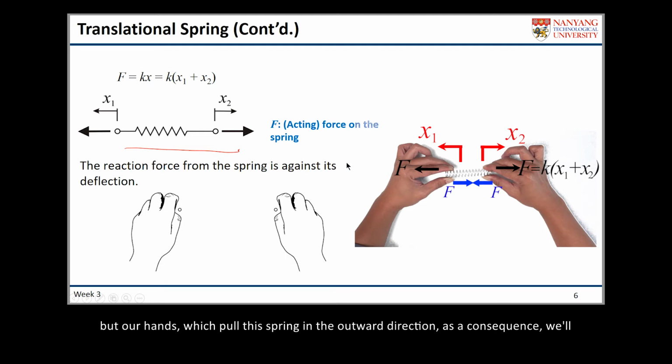But our hands, which pull this spring outward, as a consequence will feel that they are pulled back inward by the spring. This is just the action-reaction law from Newton's law. So if you pull the spring in the outward direction, your hand will feel that the spring is trying to pull your hand back in the inward direction.